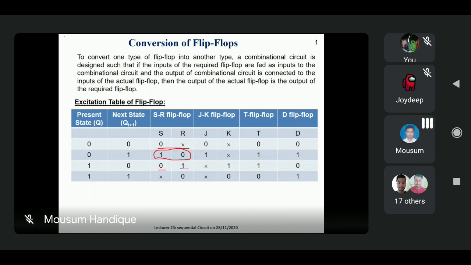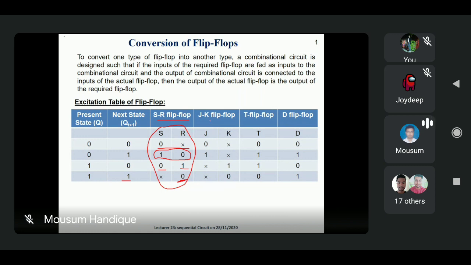But when present state is 1 and next state is also 1, the S value is 1 one time and 0 another time, but the R value is fixed, so here I am writing the fixed value 0. This portion we get from the state table of the SR flip-flop based on the present state and next state.